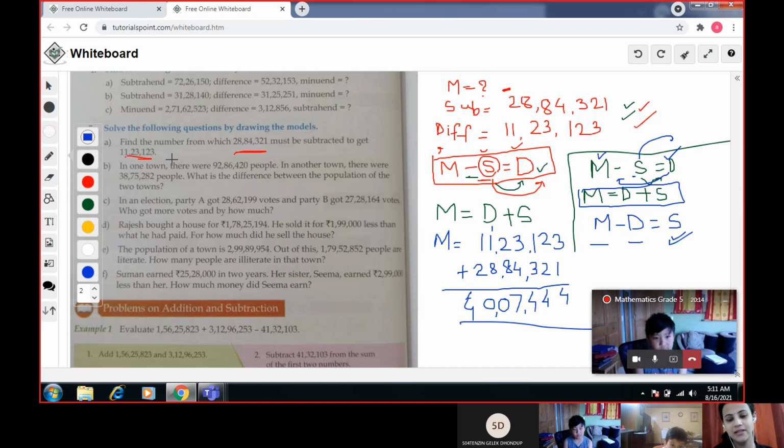So in the last, like this, you have to make the statement. In a statement question you always have to make the statement. So write in the last: 40 lakh 7,444 is the number.